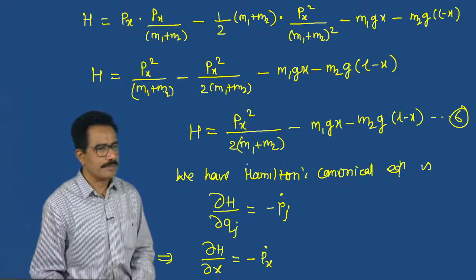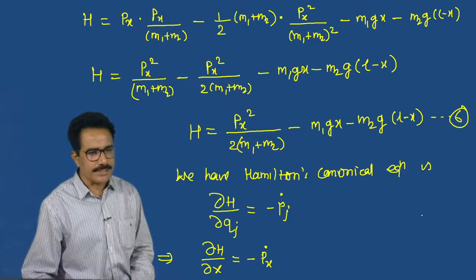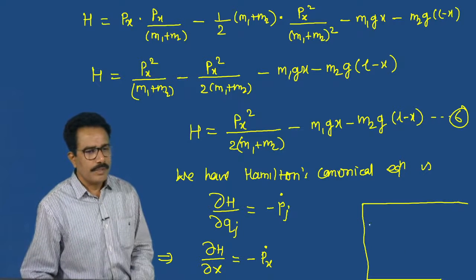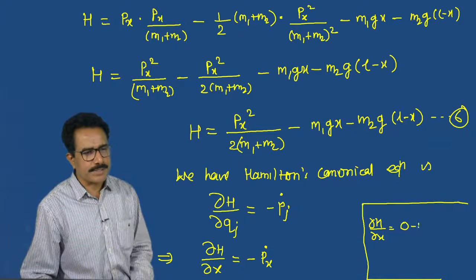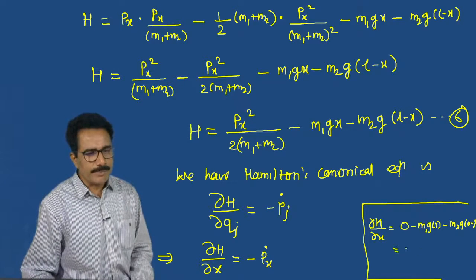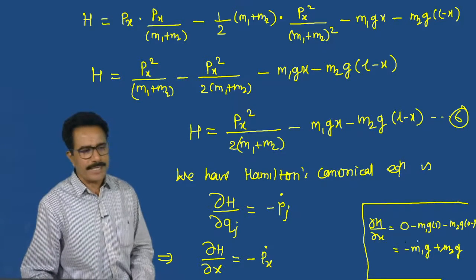पहा इथं चेक करा कसं येतं. See this, I shall write here. ∂H/∂x = 0 minus m1g into 1 minus m2g into L चा डेरिव्हेटिव्ह 0 minus 1, so it will be minus m1g plus m2g. बरोबर आहे का रे?